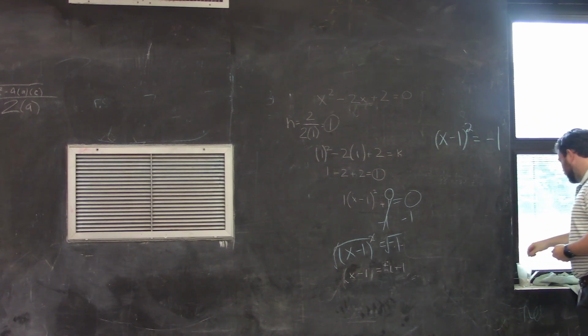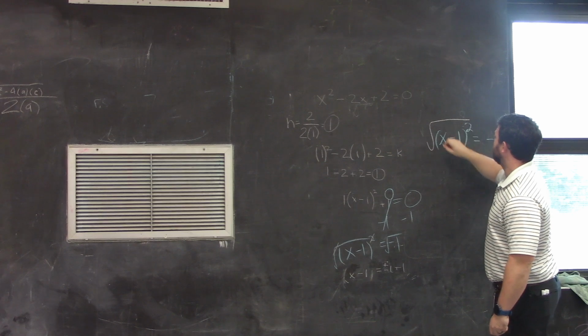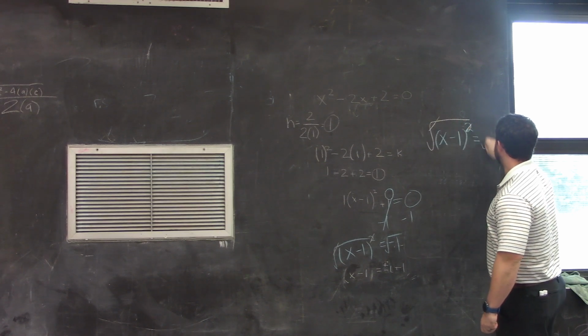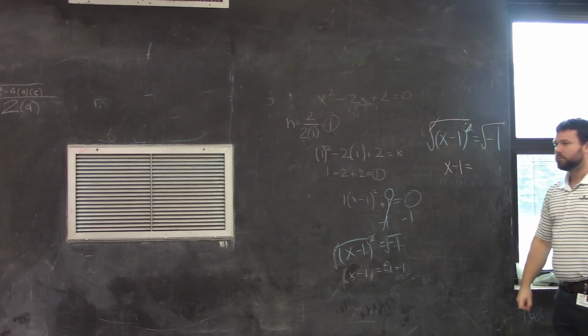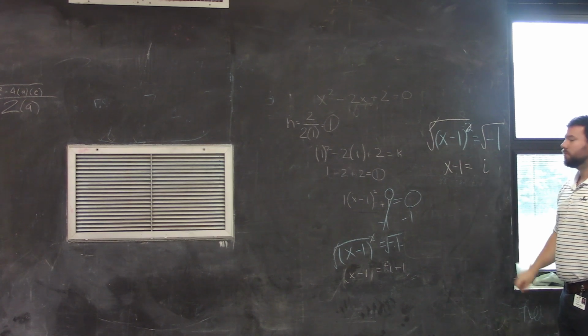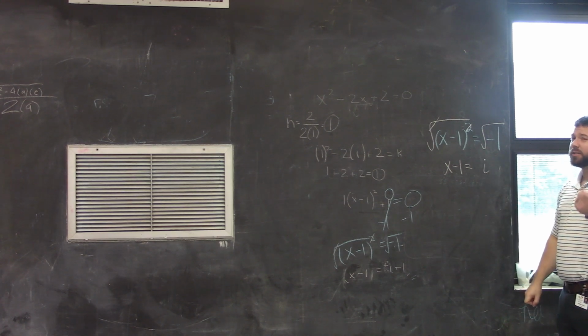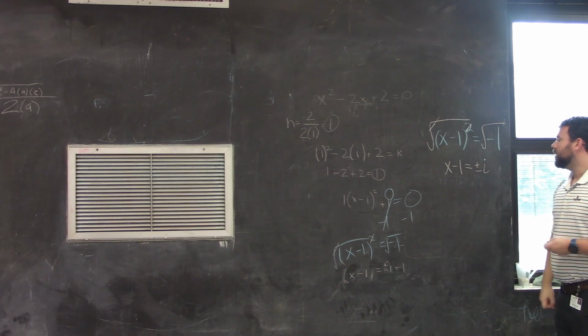What do they need to do next? Square root. Okay? So what does x minus 1 equal? Thank you. We took that square root, so it's got to be a positive and a negative.